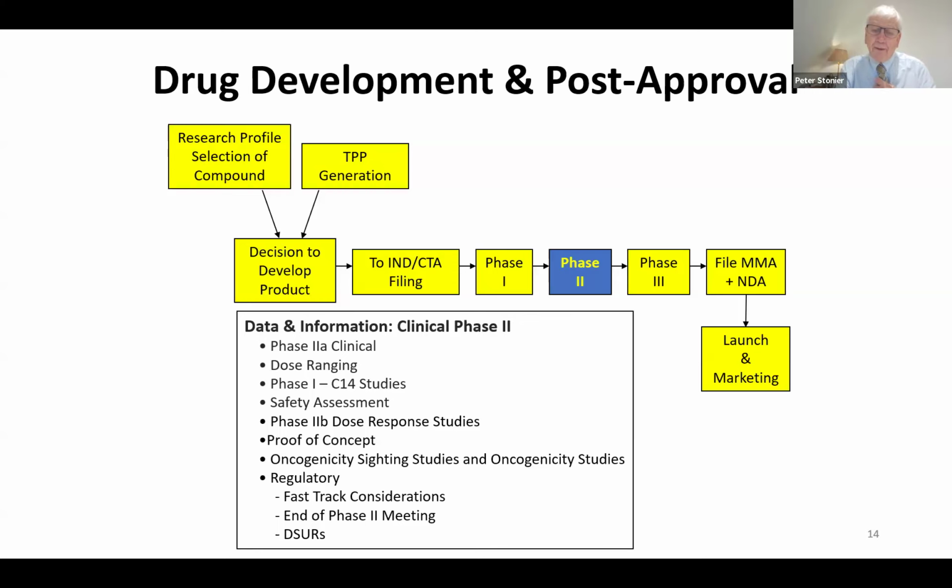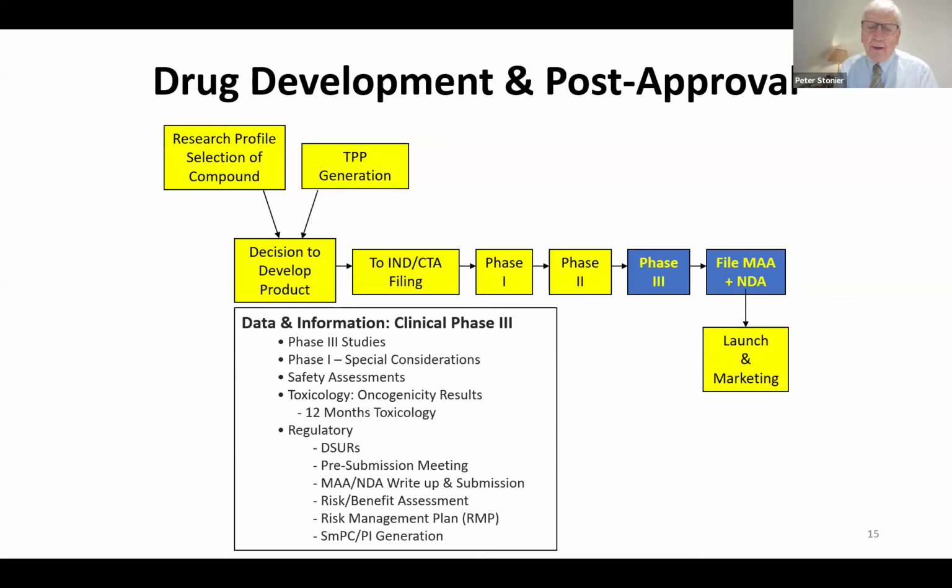And then if the drug is okay to go forward, it would go into phase 3, which are the confirmatory studies, really, as they're called. So we're looking at the phase 3 studies, safety assessments, further toxicology, which is taking place later in the product life cycle.